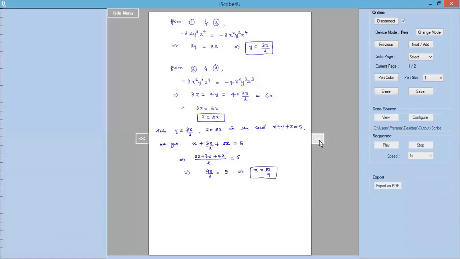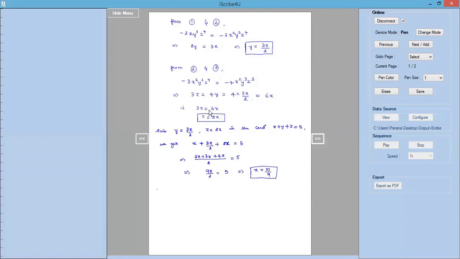So once we know the value of x, we will be easily able to obtain the values of y and z, because y is equal to 3x by 2 and z is equal to 2x. Since I already know the value of x, I'll substitute the x value in the expression for y and the expression for z to obtain both y and z.